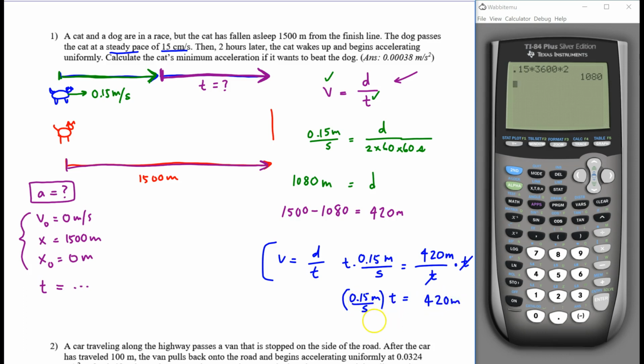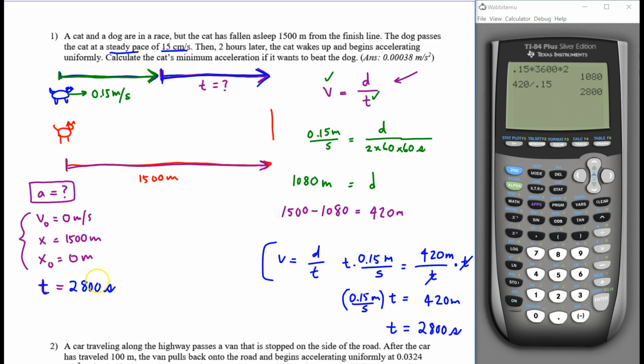We divide both sides by the 0.15 meters per second, and what do we get? 420 over 0.15, 2,800 seconds. We now know how much time the cat has to travel that 1,500 meters. It has to go 1,500 meters in the same time that the dog travels this last 420 meters.